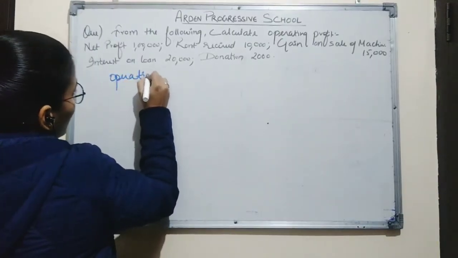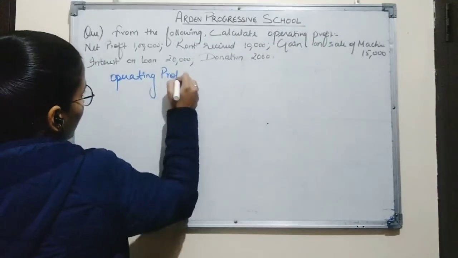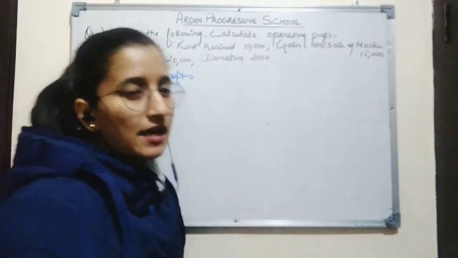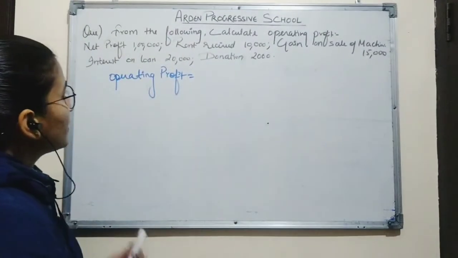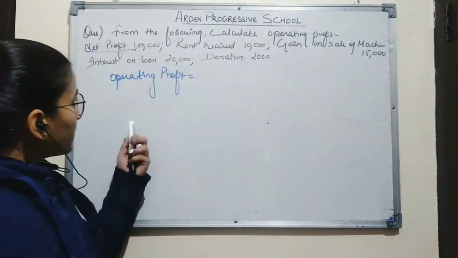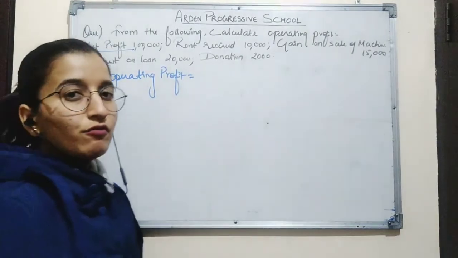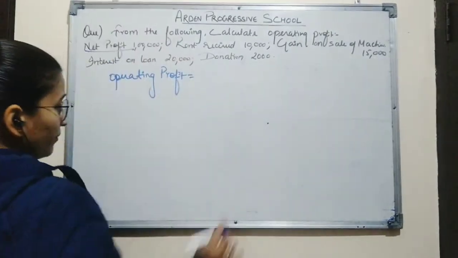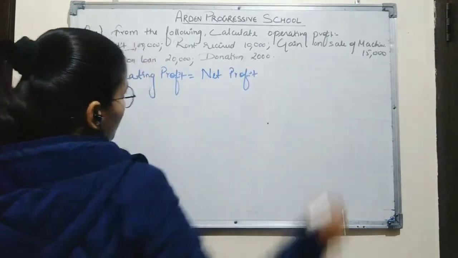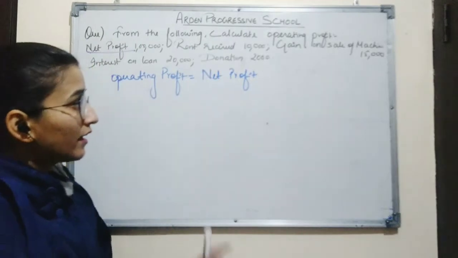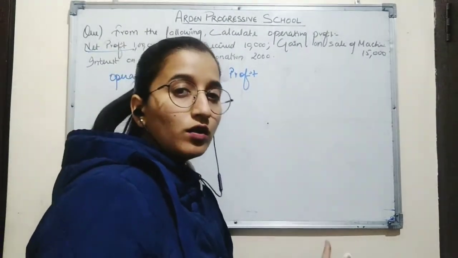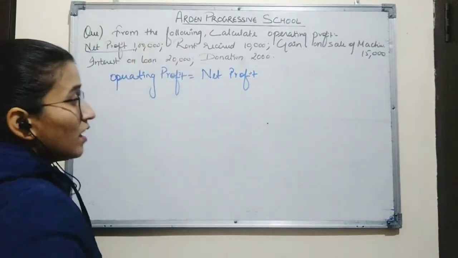So as we know, formula for calculating operating profit is gross profit minus all the operating expenses. But here in the question, we have been given net profit amounting to rupees 1 lakh. So operating profit is basically calculated before net profit. So here, to find out the amount of operating profit, we will be deducting all the non-operating incomes and we will be adding all the non-operating expenses.